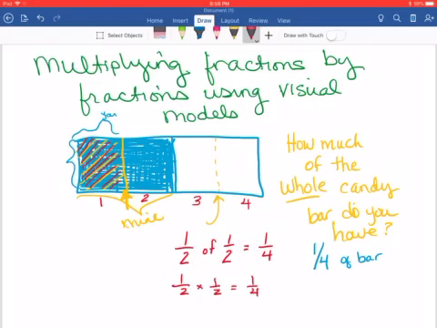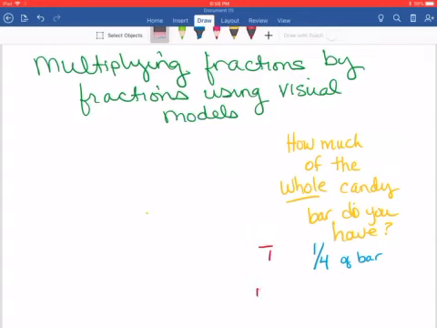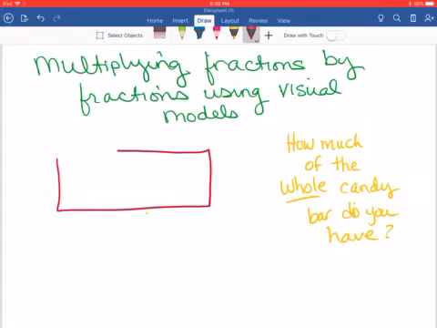Let's do it this way here. All right, so this time around, I've got my candy bar. And this time my candy bar is actually broken into thirds.